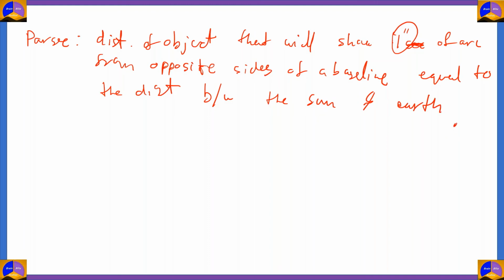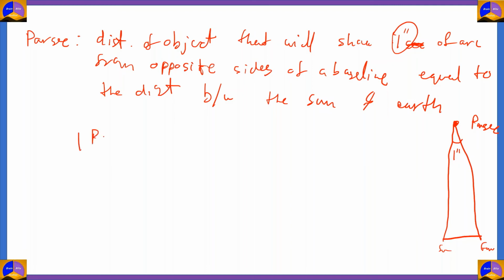So suppose we have an object here and we have a baseline equal to the distance between the sun and the Earth. And so let's draw a line like this. So when this angle is 1 second, the distance of this object is a parsec.